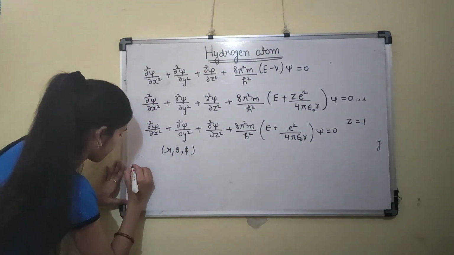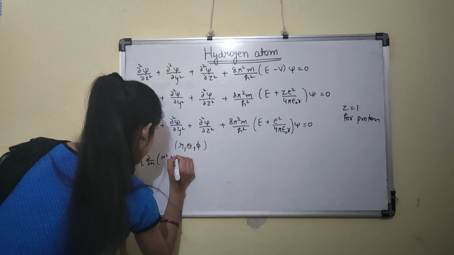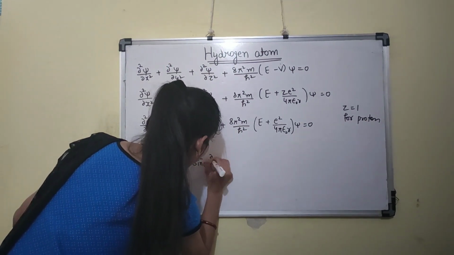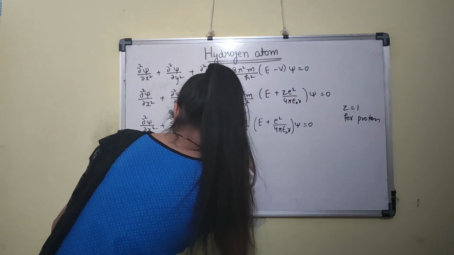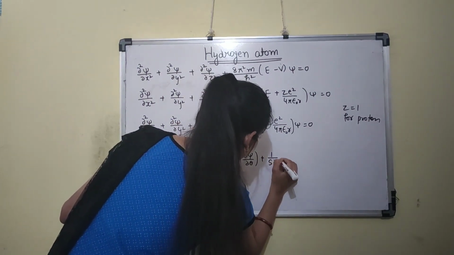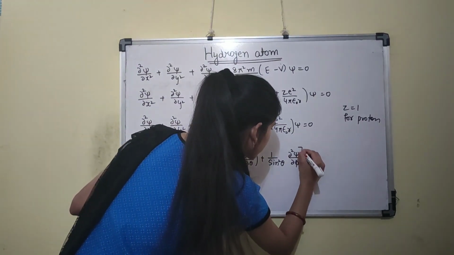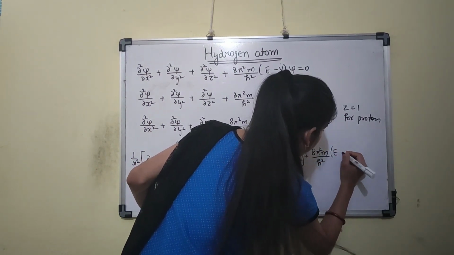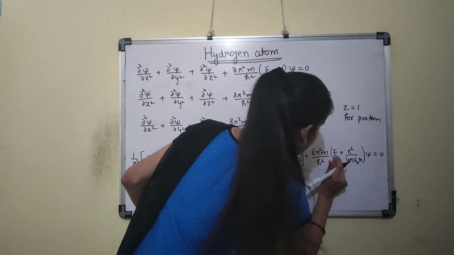The equation becomes 1 by r square del by del r of r square del psi by del r, plus 1 by sin theta del by del theta of sin theta del psi by del theta, plus 1 by sin square theta del square psi by del phi square, plus 8 pi square m divided by h square into E plus e square divided by 4 pi epsilon naught r, into psi is equal to 0.